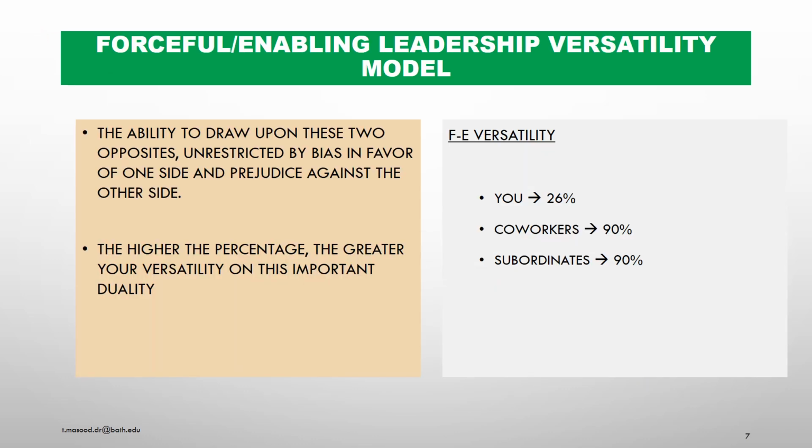Okay, the forceful-enabling leadership style versatility index model. The ability to draw upon these 2 opposites is restricted by bias in favor of one side and prejudice against the other side. So the higher the percentage, the greater your versatility on this important duality.